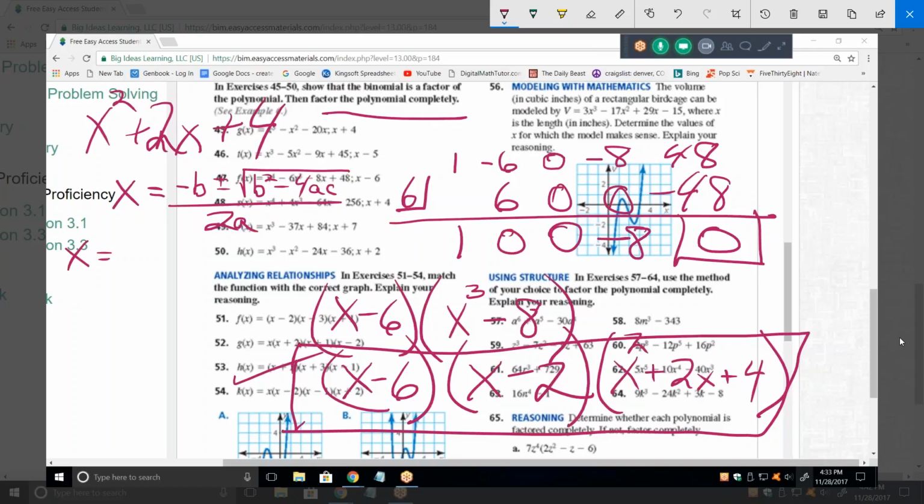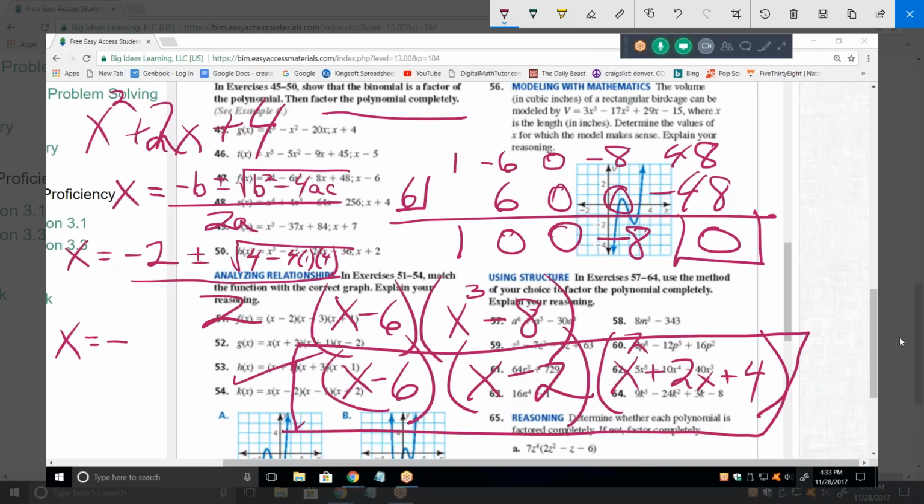So negative 2 plus or minus the square root of 2 squared, which is 4, minus 4 times 1 times 4. So that's just 4. That's not obvious. No, hold on. That's 4 minus 16.